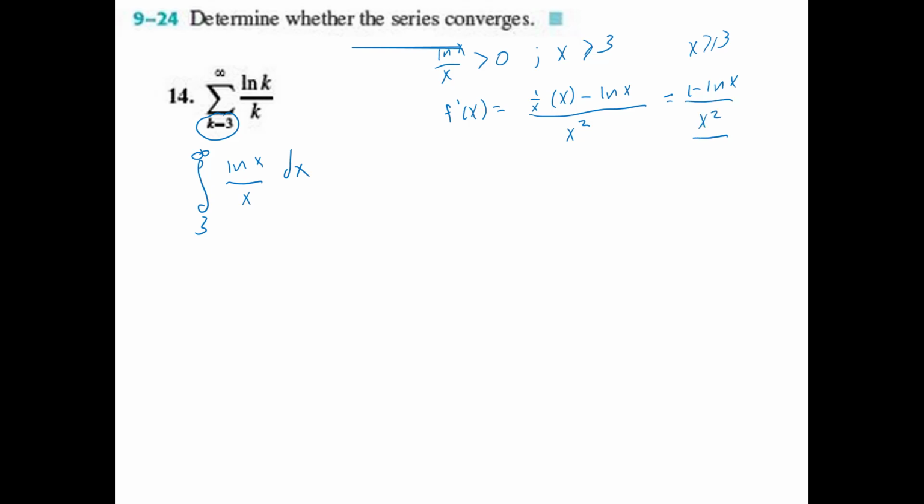Now the bottom is always positive, and what you should know about the natural log function is that it's always increasing. At e, it's 1. So then past e, which is where we are, x is bigger than or equal to 3, and e is 2.7 something. And so at 3, it's always bigger than 1. And so since the natural log is bigger than 1, 1 minus the natural log is less than 0. Therefore, decreasing.